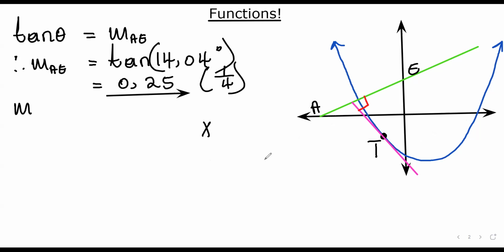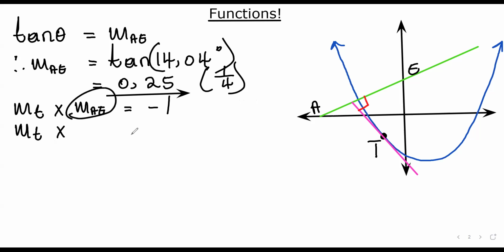So if you take the gradient of a tangent and multiply it by the gradient of the line AE, you're supposed to get -1. So we are looking for the gradient of a tangent, but the gradient of the line AE is 0.25, and the answer must be equal to -1.